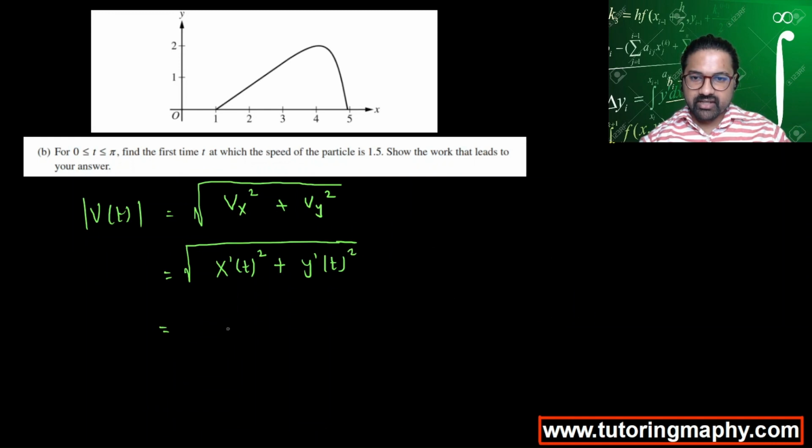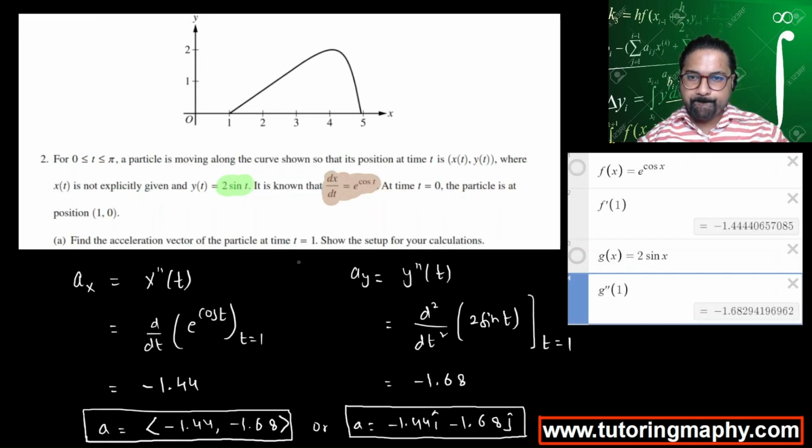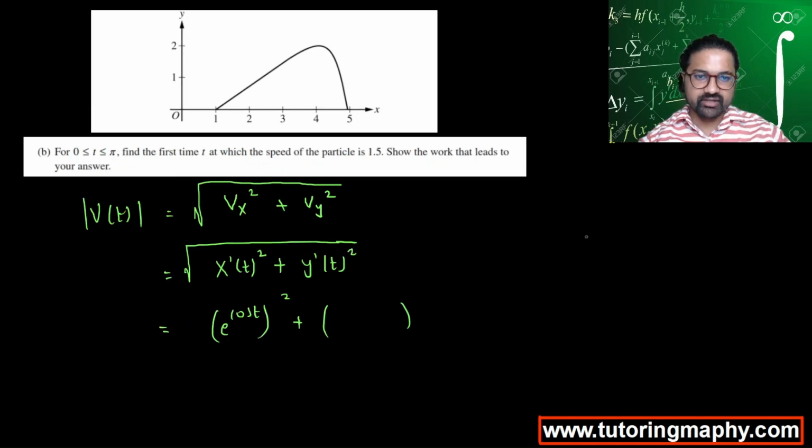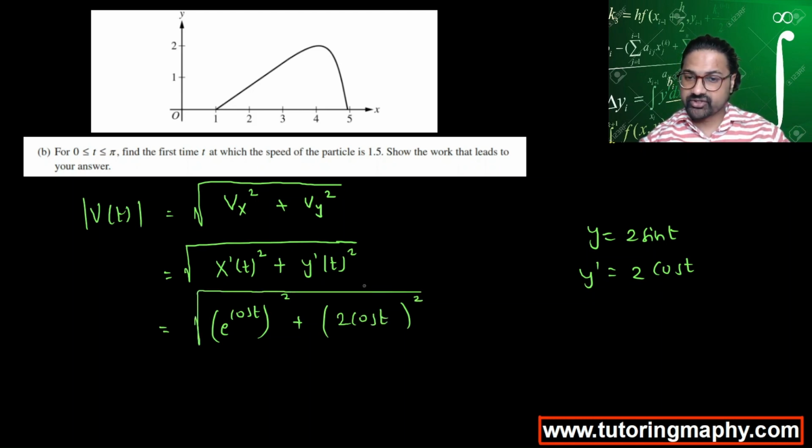So I'm going to plug that in over here, e raised to cos t whole squared, and then I need the value of y prime t. I'm already given y, which is 2 sine t. Y prime is very easy to find because that is going to be just 2 cos t. So this is how we write 2 cos t whole squared over here, and then we take the square root.